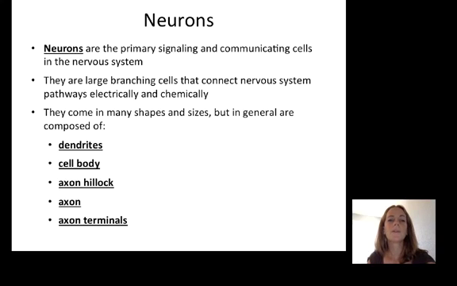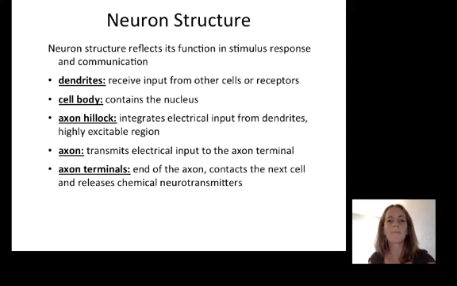Okay, so neurons are the primary signaling and communicating cells in the nervous system. They are large branching cells that connect nervous system pathways both electrically and chemically. They come in many shapes and sizes, but in general, this is their structure. And let's draw out the structure of a neuron just to make sure you guys remember.